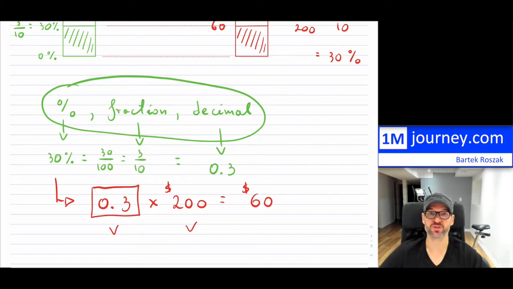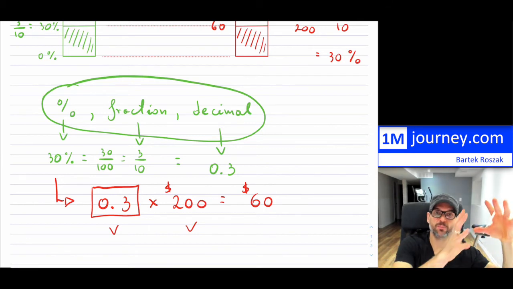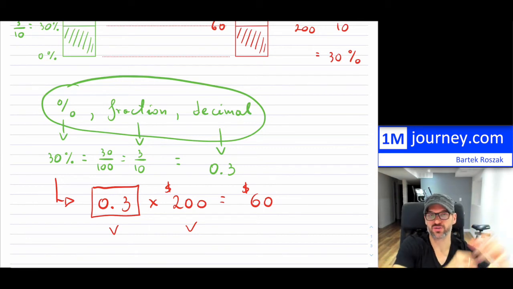Maybe that portion is 30%, maybe it's 5%, maybe it's a quarter, maybe it's 1/8. Now, the only ones you change to the decimal or a fraction are going to be the percents. If it's already in fraction or in decimal form, then you don't change anything. You just simply multiply by the quantity measurement that you are interested in.